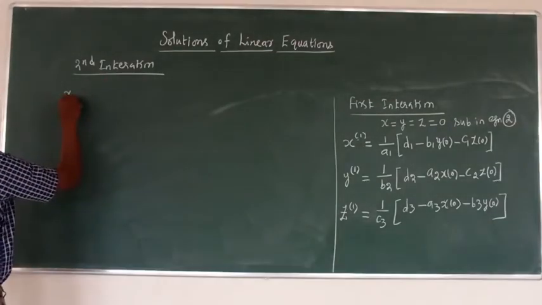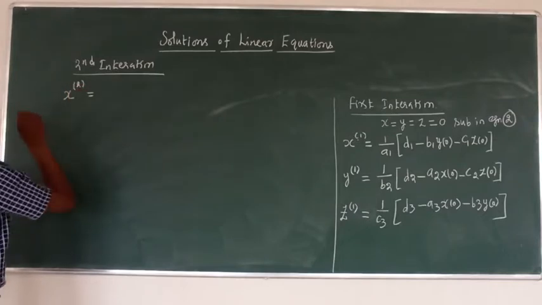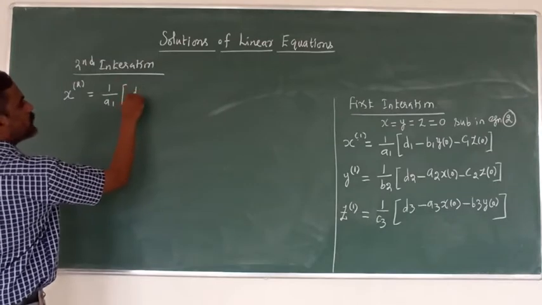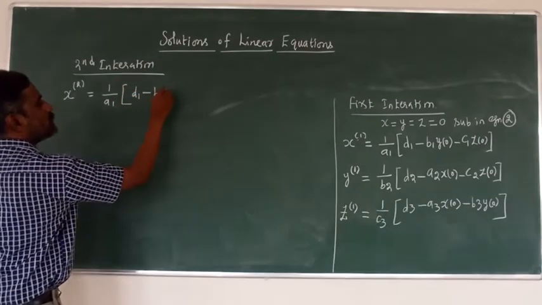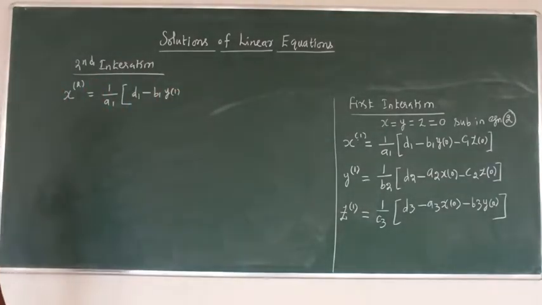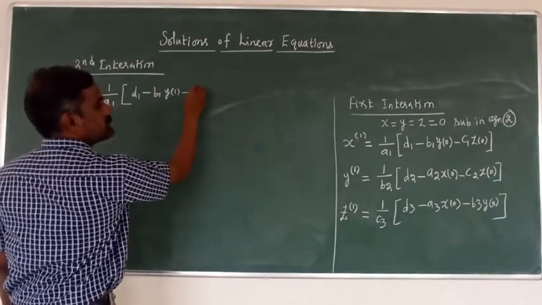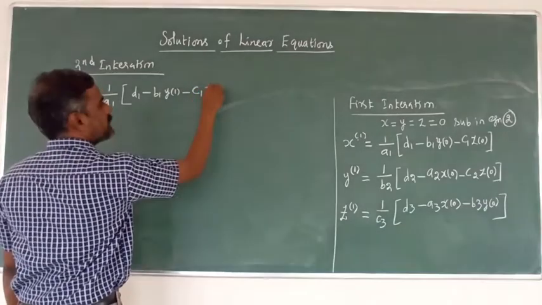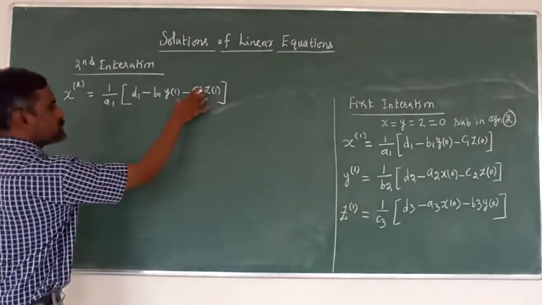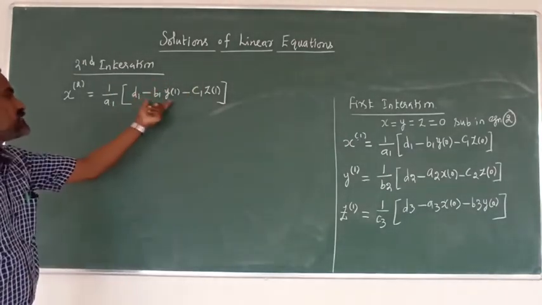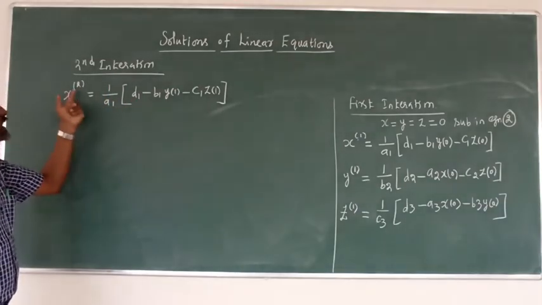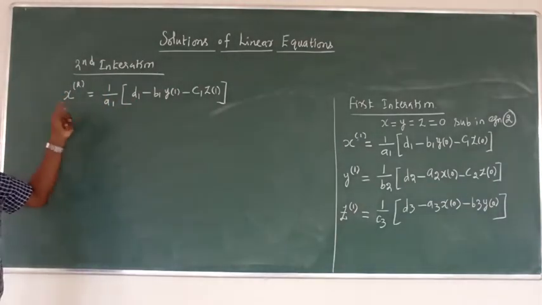Now the second iteration x2 equals 1 divided by a1, within bracket d1 minus b1 times the first iteration y1 value, minus c1 times the first iteration z value. Now substitute these values and simplify, and divide by a1 to get the second iteration value of x.